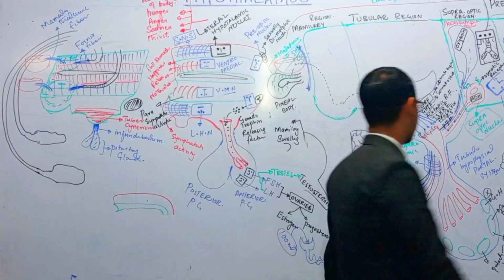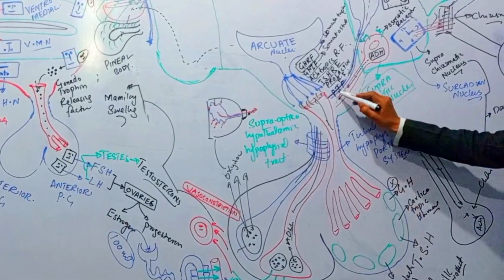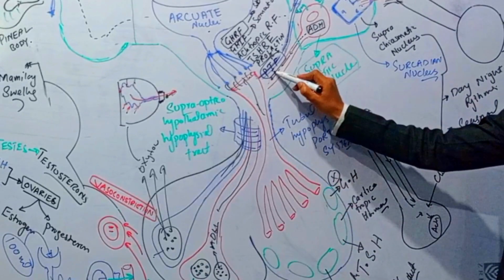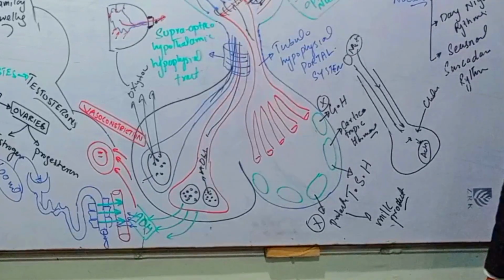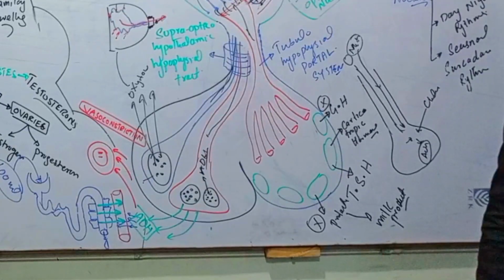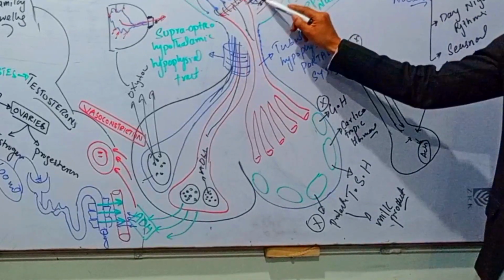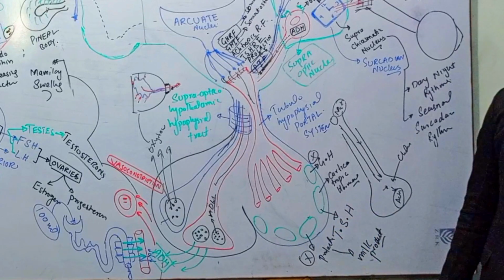Another very important factor is the prolactin inhibitory factor, and when this factor is released, the prolactin release will be inhibited. And when this pathway is stopped, the females will get amenorrhea or galactorrhea disease.